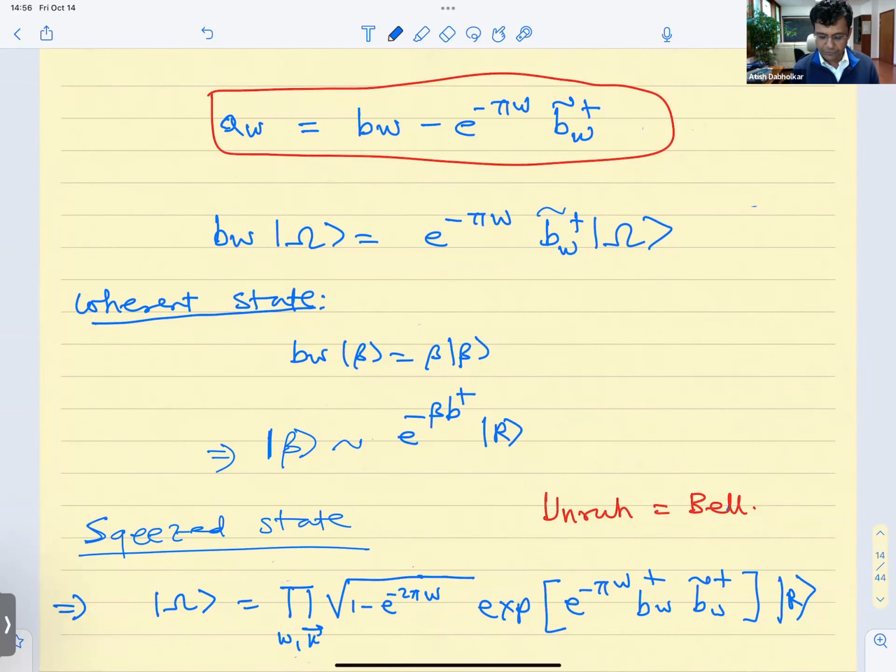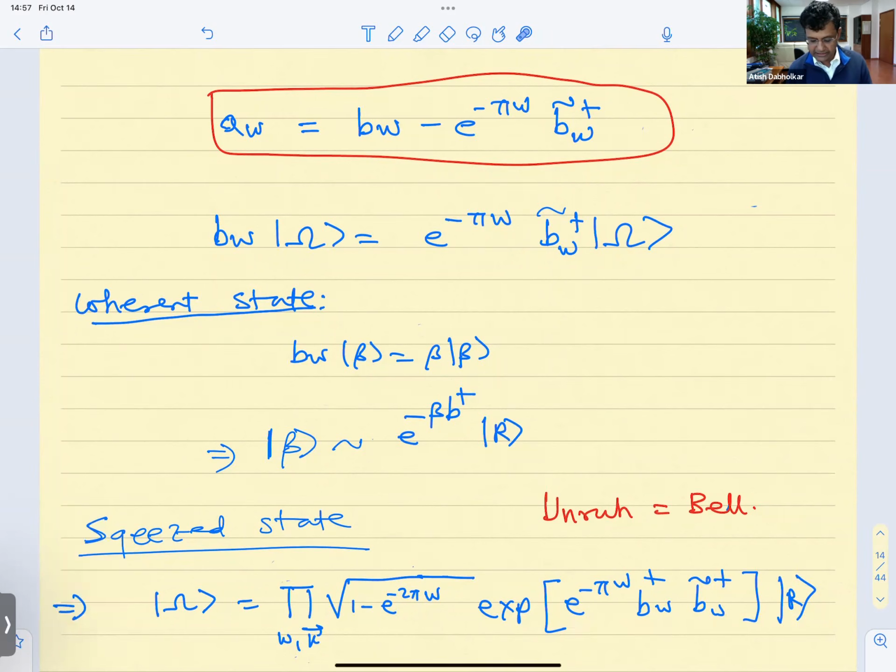And this should remind you immediately of a coherent state, because if you think of b tilde as a constant, then b omega acting on beta is beta times beta. So that's the coherent state of a harmonic oscillator system. And since b and b dagger commute to 1, b dagger is like the translation operator. So beta is basically given by e to the minus beta b dagger acting on R, which is the Rindler vacuum, the vacuum of this theory. And therefore, if you now replace beta by e to the minus pi omega b tilde dagger, you get what is known as a squeezed state, because you have these two creation operators.